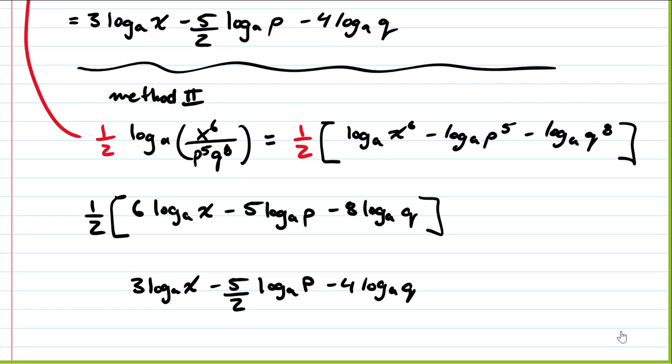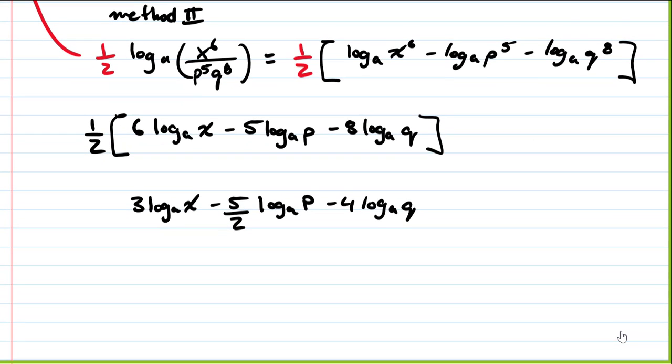So the reason I want to mention this is if you're working with some other people while doing your log properties, there are millions of ways to get from A to B. As long as you don't break any rules using your exponential and log properties, you will get to the correct answer. So there is not one way to go from A to B. You can do this problem completely different from someone else, but you should always end up with the same answer at the end, regardless of the path that you took as you moved forward.